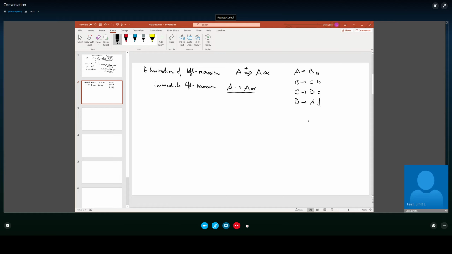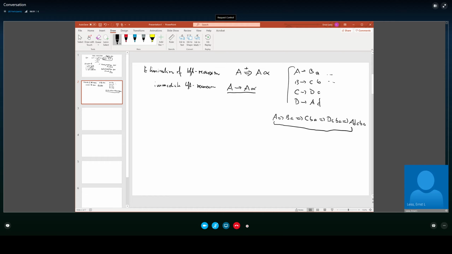None of the productions have a right-hand side that starts with its own variable. But obviously, you can go from A to B A and then to CBA, and then from there to DCBA, and finally to ADCBA. And so here is that general left recursion, and of course you need other productions, but I'm just writing down the ones that are relevant.